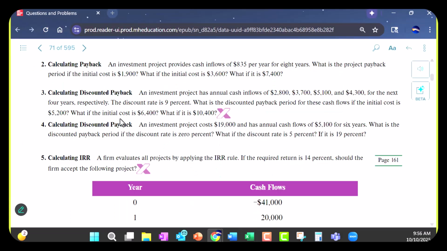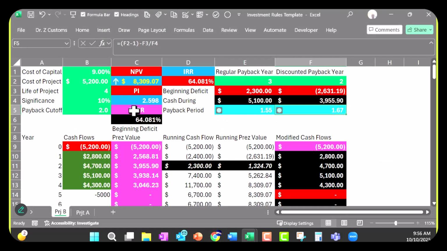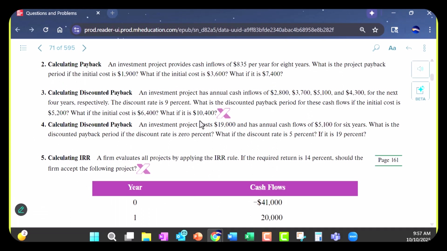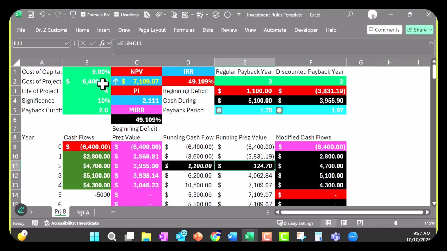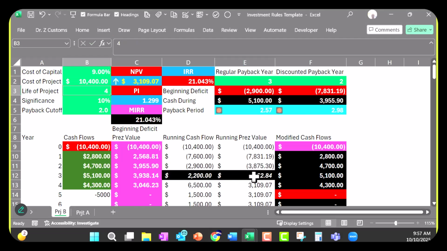It says, what if the initial cost was 64? Now all I have to do is change that. I'm still getting it in year 2, 1.97. What if 10,400? Now it happens in year 3, right? So I changed that to year 3.